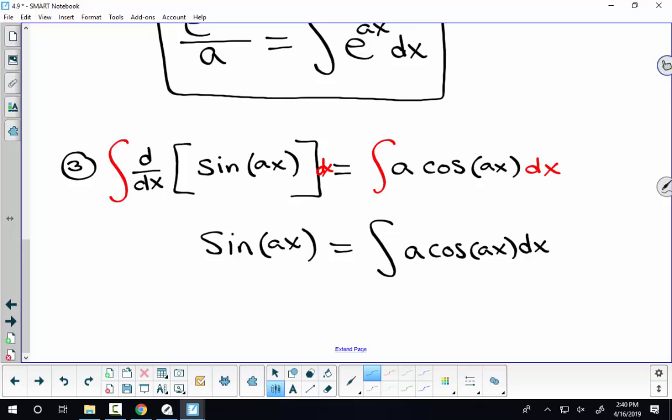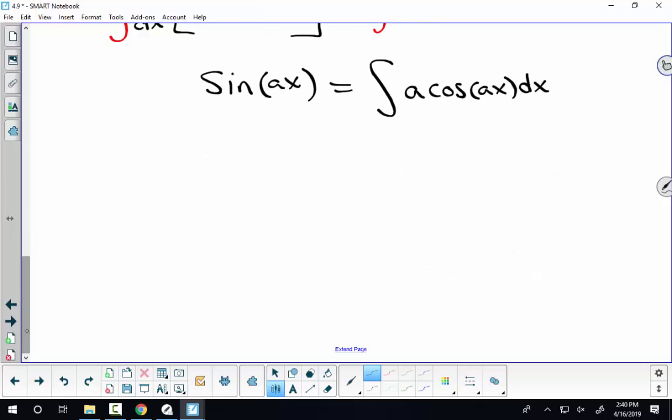And we did see a specific example earlier where we found the antiderivative of 4 cosine 4x and we said it was sine 4x. So dividing both sides by a or multiplying by 1 over a, we have 1 over a sine of ax as the antiderivative of cosine ax.